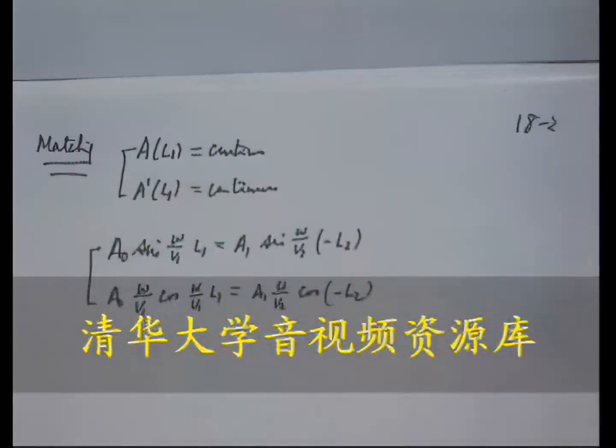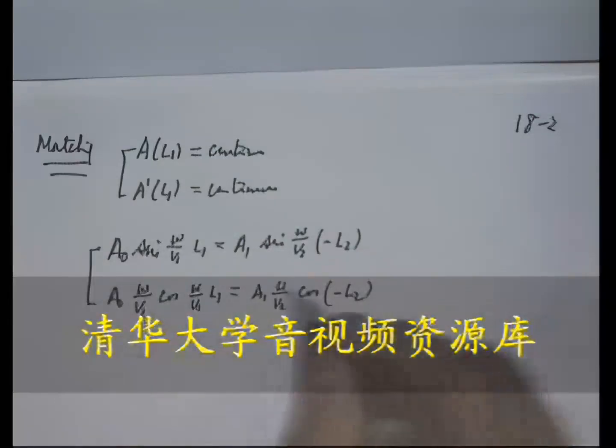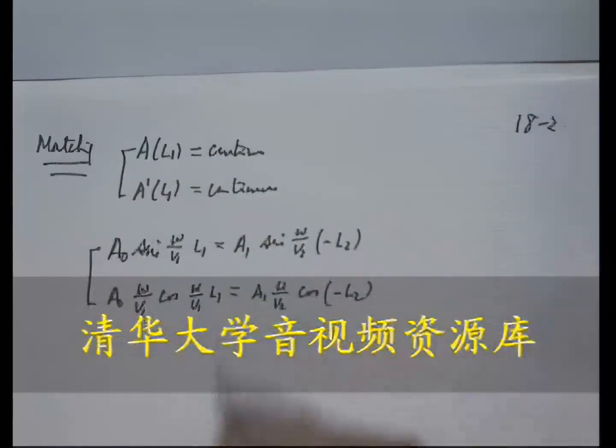Now let us divide these two equations so as to eliminate the A0 and A1. So I get, and we can eliminate the omega because we have omega on both sides.